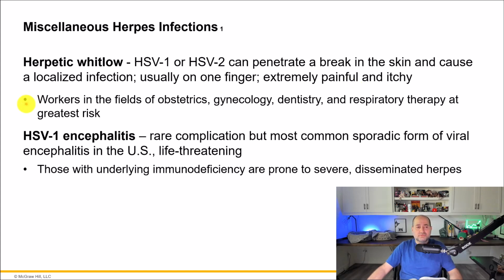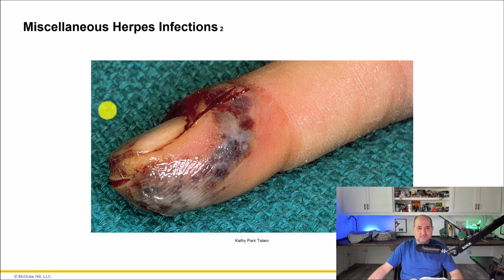And if you are going to work in the fields of obstetrics, gynecology, dentistry, or respiratory therapy, these are the fields at most risk because you're encountering people and you're touching people. And, by touching people, that virus may spread to that finger, right? And this results in this lesion here. You can see the painful herpetic whitlow on a finger.